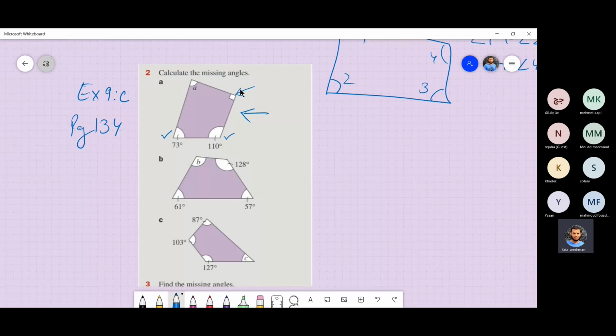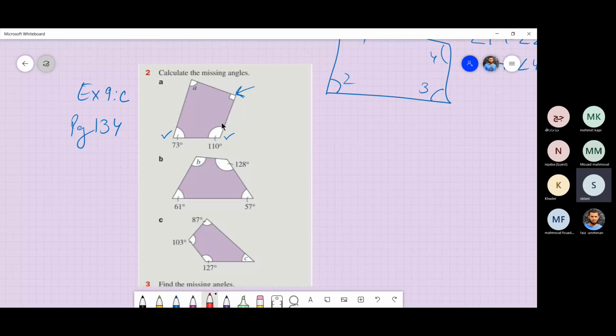How many degrees is it? 90, because if you see this L-shaped symbol, it means 90 degrees. So this will be 90. So what will be the equation overall to find the answer? A plus 90 plus 73 plus 110 equal to 360.